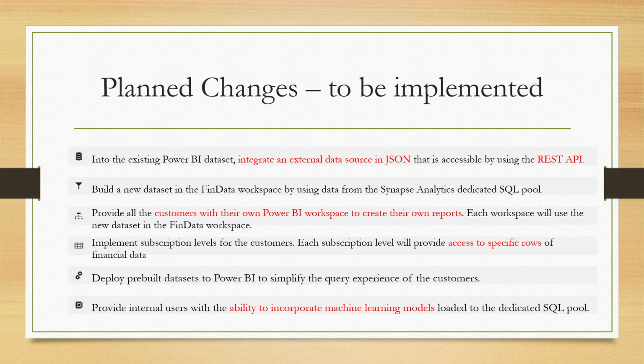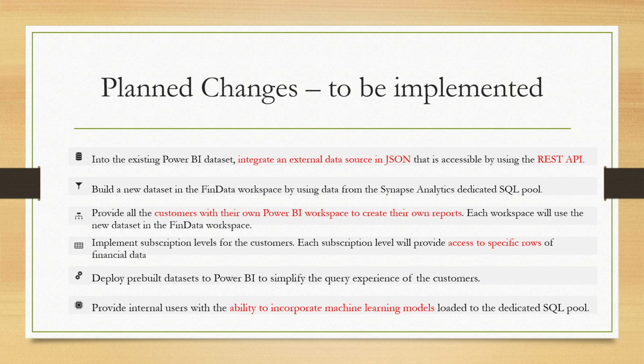Part of your job as a cloud data analyst is to be able to integrate different data sources, from wherever they may be coming from. The next one is to build a new dataset in the Fin Data workspace by using data from the Synapse Analytics dedicated SQL pool.